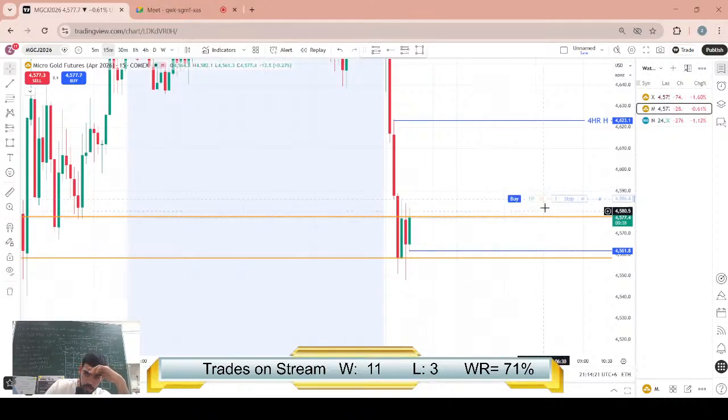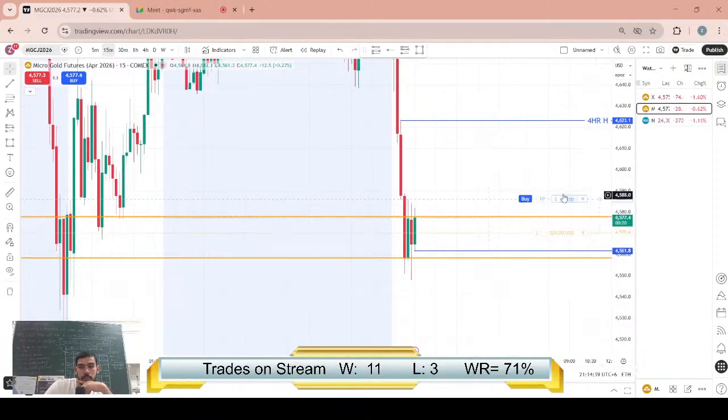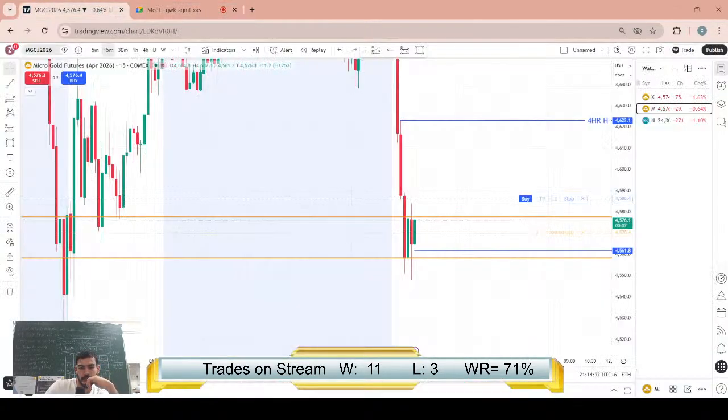So buy one MGC, stops in the range, maybe about 2 MGC. This is 0.6%. Okay, not bad. Maybe reduce it a little bit. Oh, that's very small. Yep, I think 0.6% is not bad.